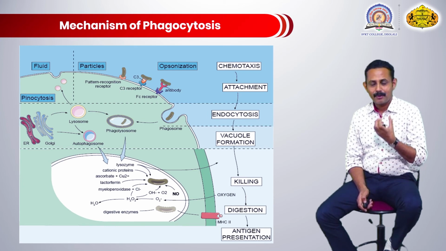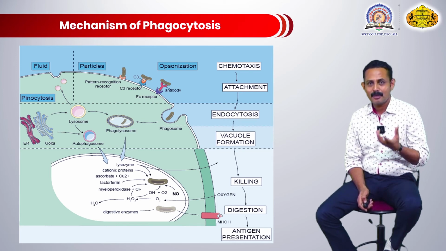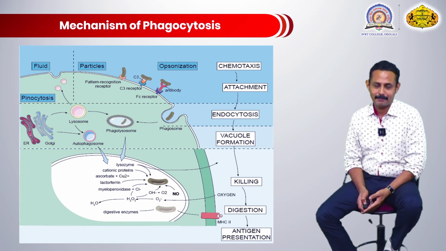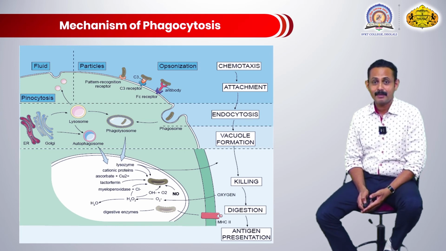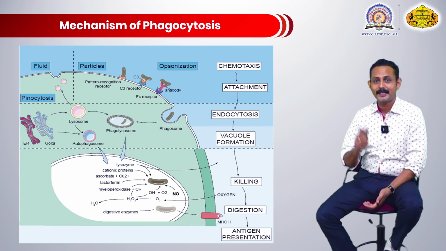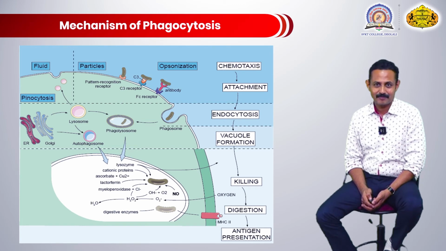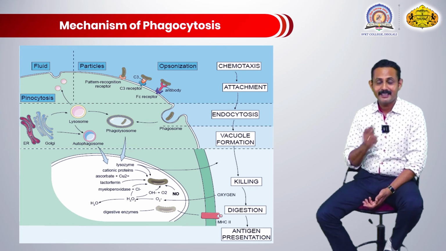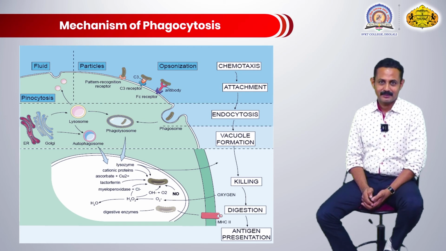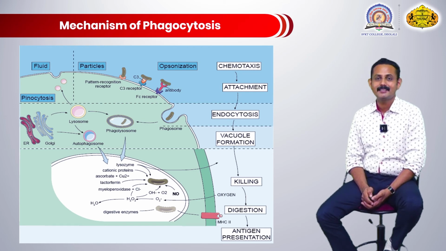Macrophages, or phagocytic cells, always process these antigens by phagocytosis in the form of MHC class II peptide. Means at that time, instead of remaining a phagocytic cell, it is converted into an antigen presenting cell, and it presents that antigen in the form of the processed peptide, MHC class II.